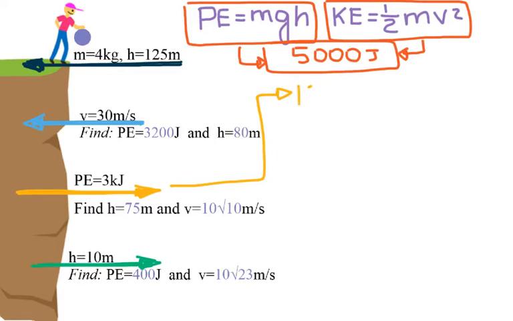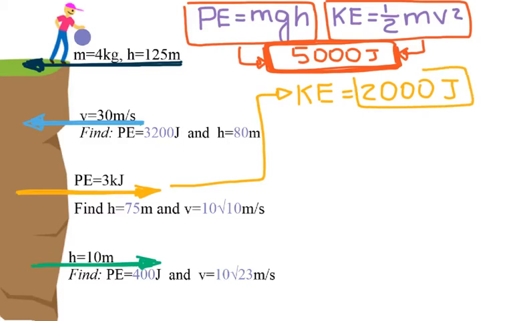So the kinetic energy must be equal to 2,000 joules, because the total energy is still 5,000 joules. Again, my total energy has to stay conserved. It just transfers from one type of energy to another. So my kinetic energy together with potential energy always should give me 5,000 joules.